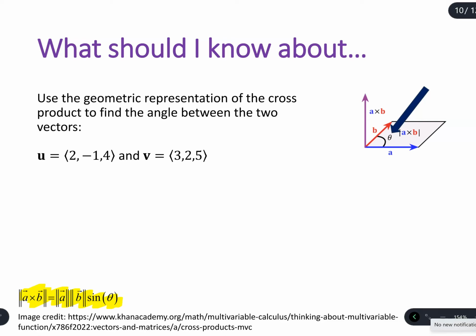So what I can do is use a little bit of algebra and rearrange this formula and rewrite it as sine of the angle theta.